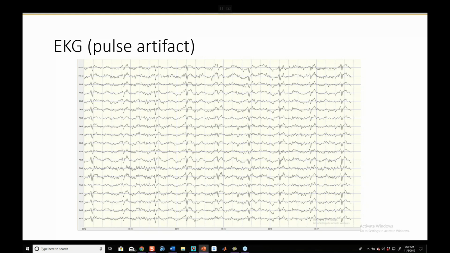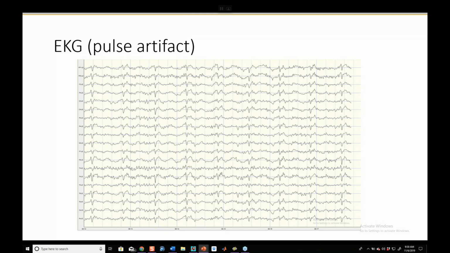Well, look at these lines, and here's my question. Which ones, or which one, seem the most clean or the most sanitized of that heartbeat? And you say, well, it looks like that T3 doesn't have as much of a heartbeat as well as T5. They're not quite as strong. So here's the trick.